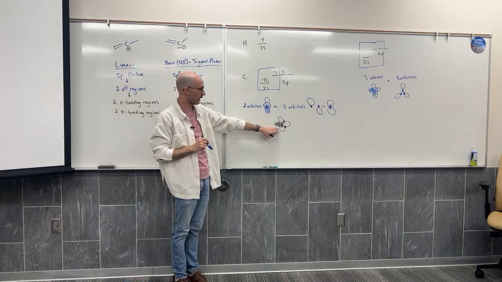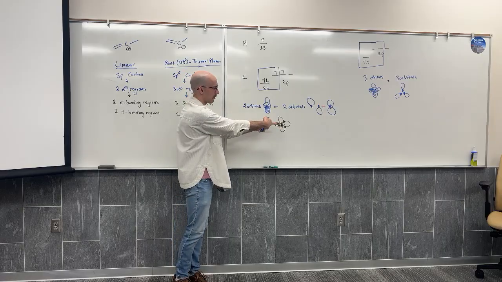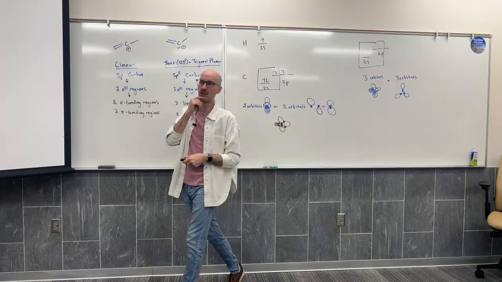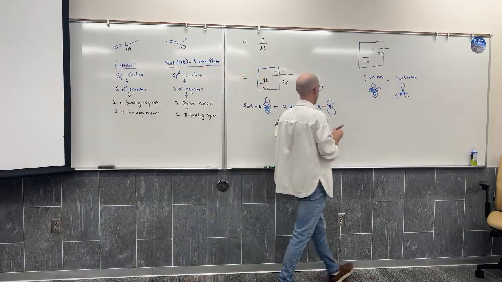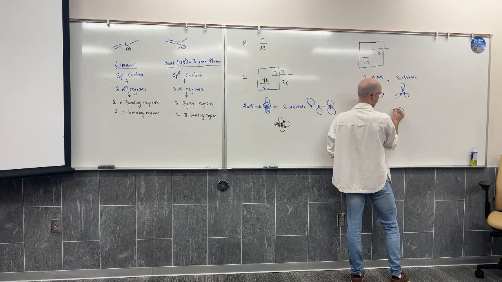Earlier, I drew what happens with the sp orbitals and then the 2 remaining p orbitals. I'm going to try to do that again here, but I'm going to draw these new orbitals flat. Here's one going this way.